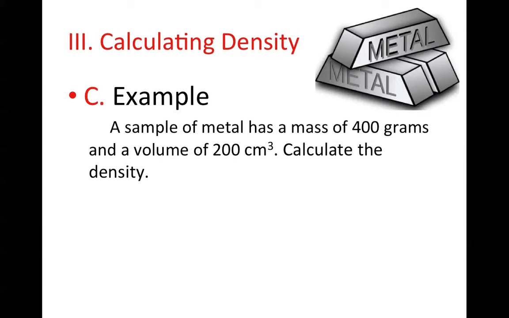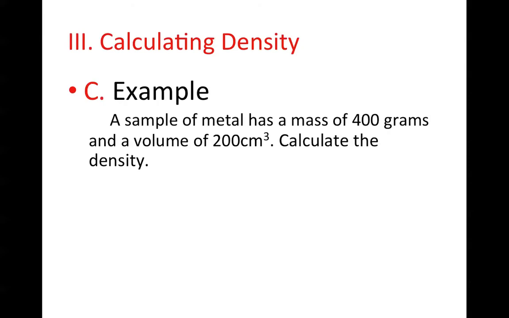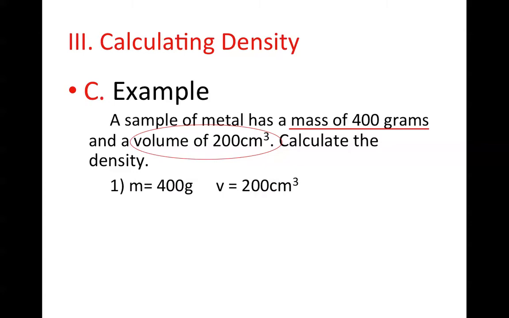So we start by identifying what we know. We know the mass, so underline mass of 400 grams. Next part, you need to circle the volume. Our volume is 200 cubic centimeters. So first step, we just write down what we know. M equals 400 grams, V equals 200 cubic centimeters.